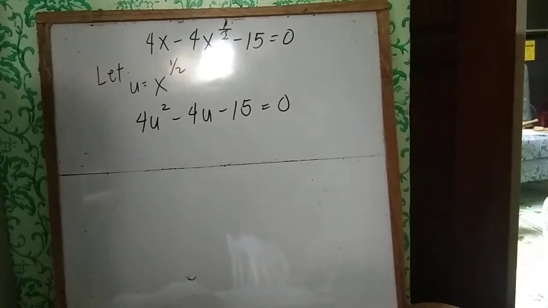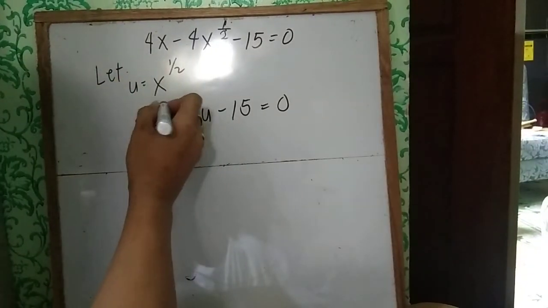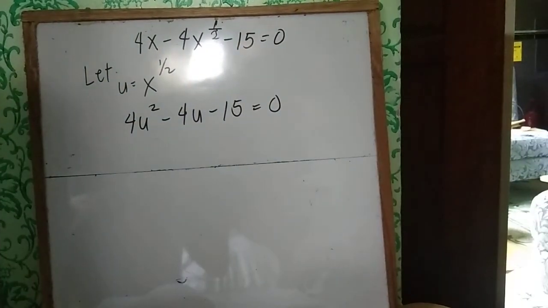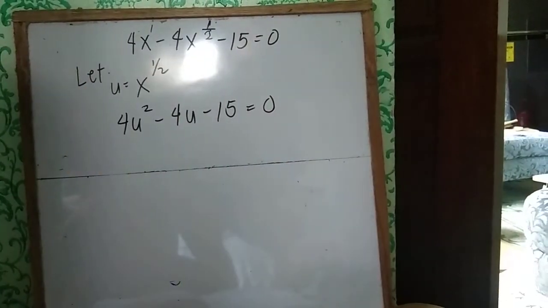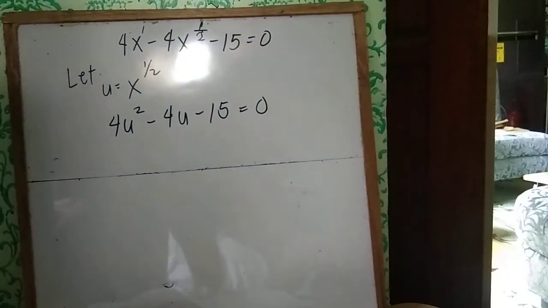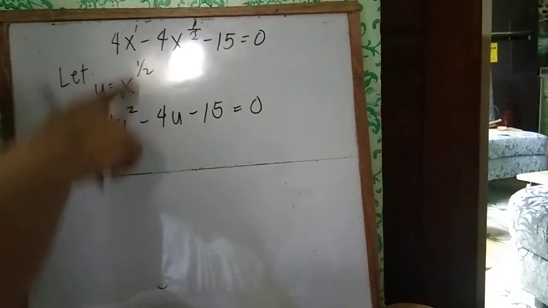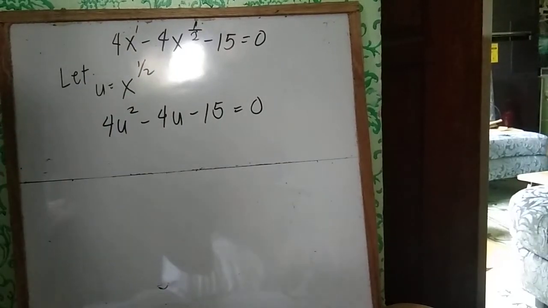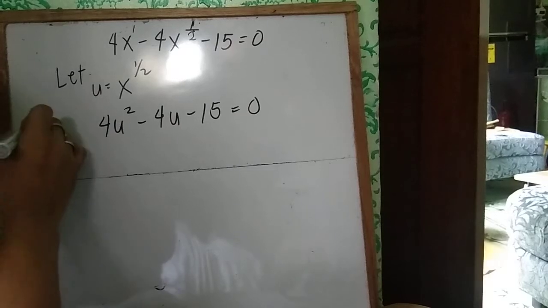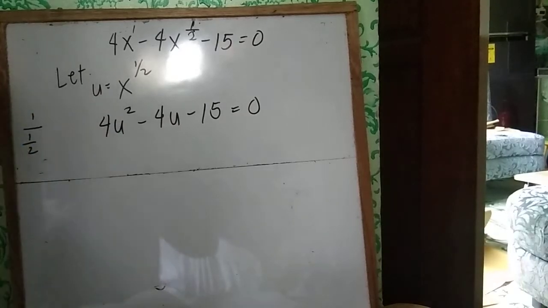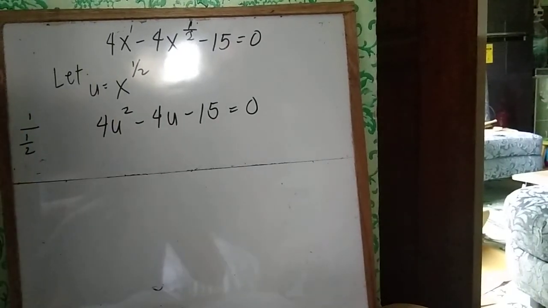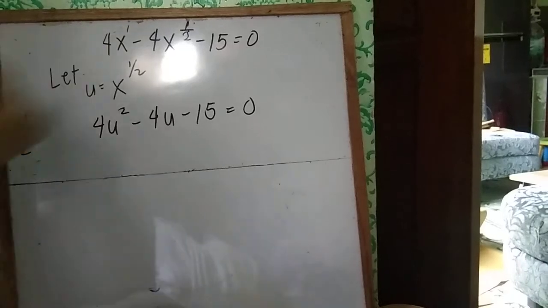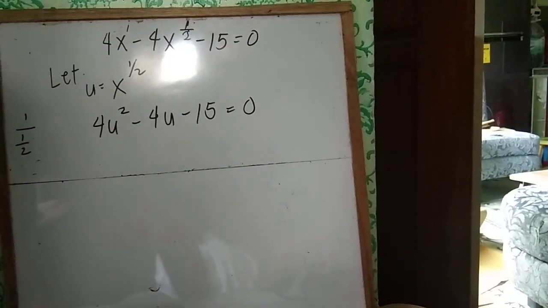Now you may ask, sir, why is it 2? Unlike our first example, this one has 1/2. So the trick is to divide by the exponent first. For example, 4x has the power of 1. We replace x with u, so our u is x to the power of 1/2. So we divide 1 by 1/2. The 1 is the exponent of 4x, and the 1/2 is the exponent of u.